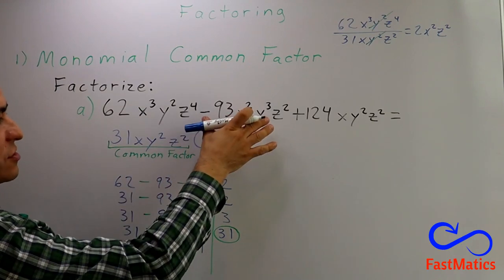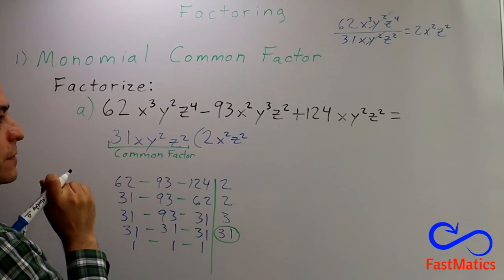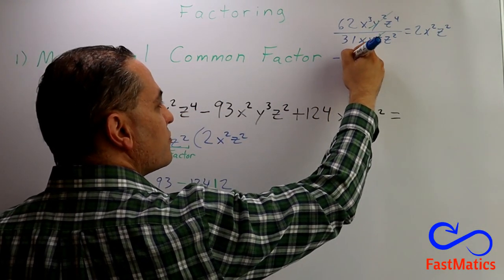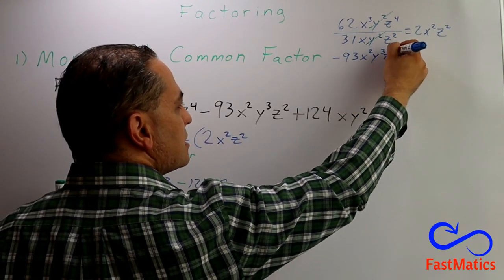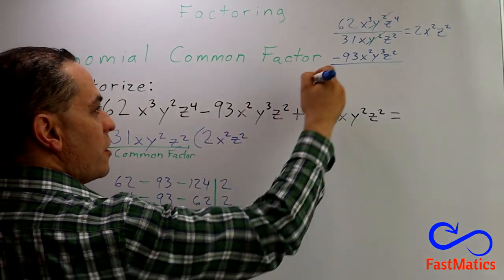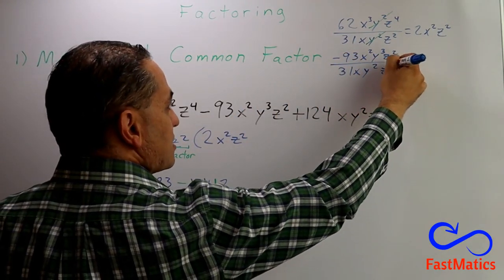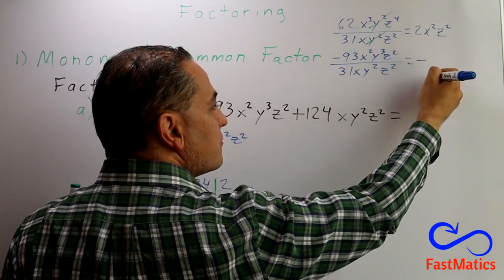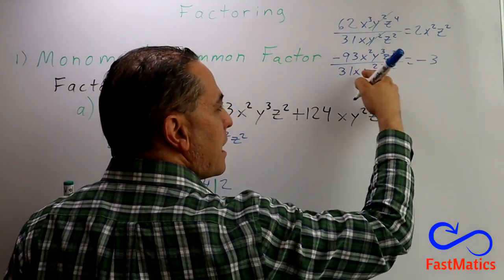After that, we are going to divide the second term by the common factor. So, negative 93 x squared y cubed z squared divided by 31 x y squared z squared. Negative divided by positive, negative. 93 divided by 31 is 3.